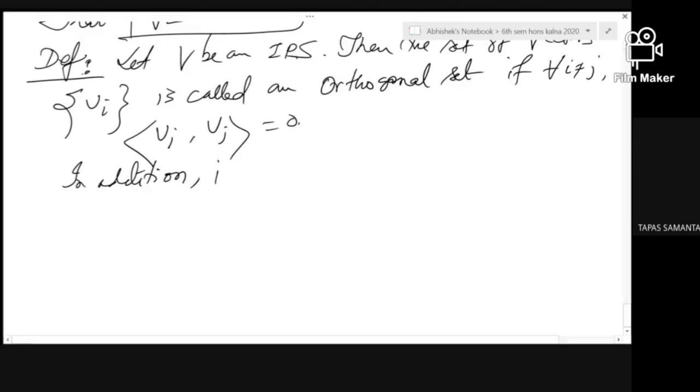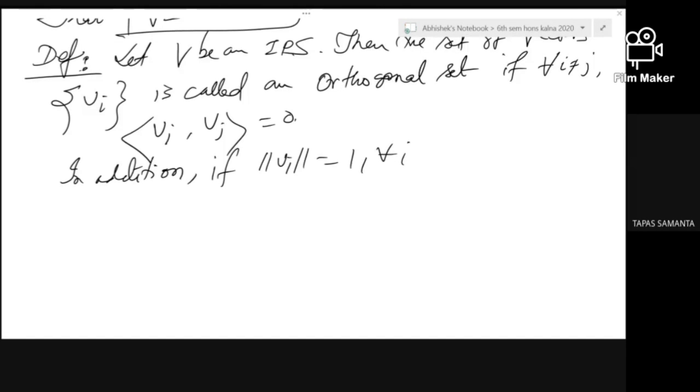In addition to this, if the norms of the vectors are 1 for all i, so if in addition all the vectors have norm 1, then this set is redefined as an orthonormal set of vectors.